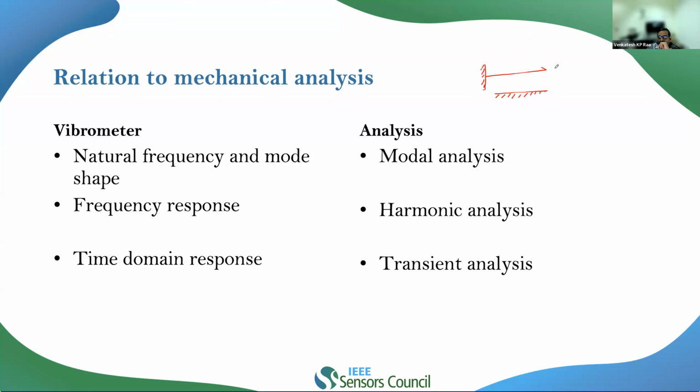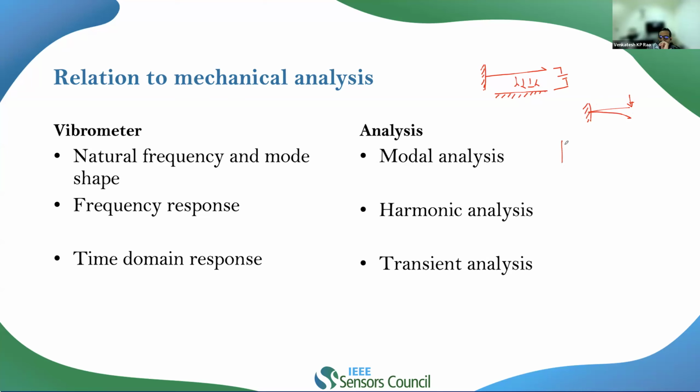Let's say that I apply a DC potential to this. Then an electric field gets established. It is just like applying a static load onto the cantilever. If I apply a static load, it will undergo deflection like this.